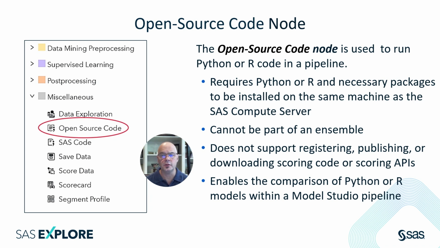There are some requirements such as where you're installing Python or R. The open source models cannot be part of an ensemble. They cannot be registered or published for scoring directly from Model Studio. And there are some other items you might want to be careful about, such as imputing for missing values. Open source models might handle missing values differently than SAS, so it's a best practice to impute before building open source models.